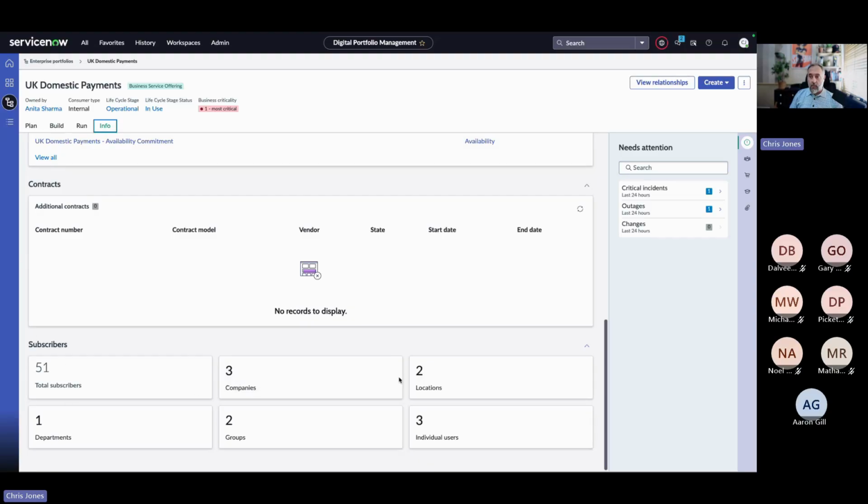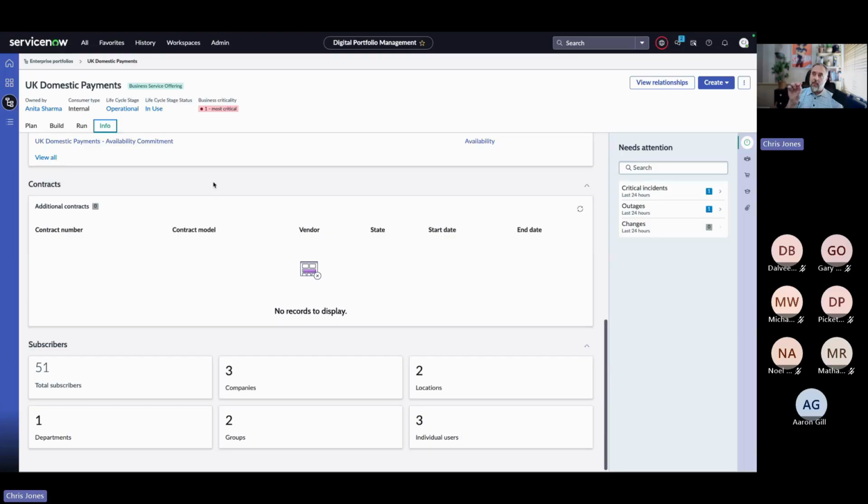And this is across 3 companies, 2 locations, 3 individual users, 2 groups, and 1 department. This again helps with the blast radius and the breakdown priority calculations that are all naturally built into ServiceNow, but can't be used unless you have a service model built out. But it connects everything immediately.